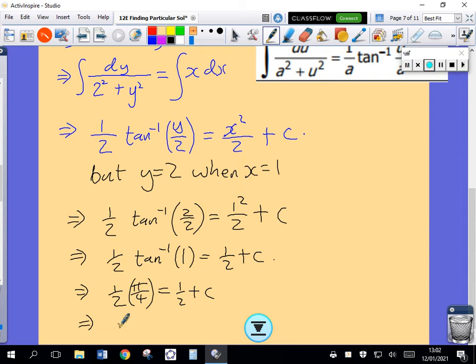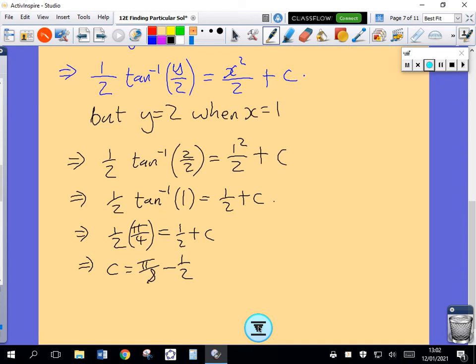Okay, so we can see the constant of integration is going to be 1/2 of pi over 4, which is pi over 8, and then subtracting 1/2 from both sides, minus 1/2. Okay, so now I'm ready to write my particular solution.